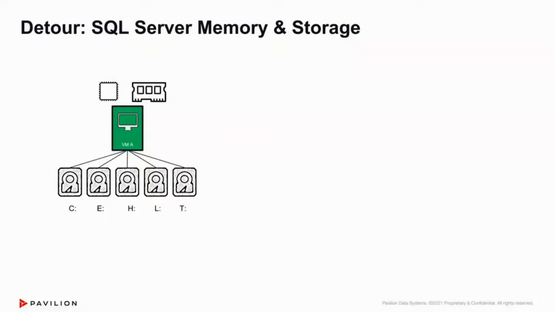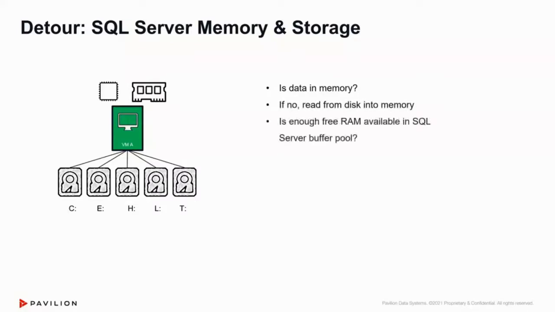And here's why. So let's just say I run a command that says select star from table users where username equals David Klee. No big deal. Okay, is that data in memory? Is it in that buffer pool? If not, we need to read from disk. Load it into memory, no problem. But what if there's other stuff in that buffer pool already and there's no free available room for this?